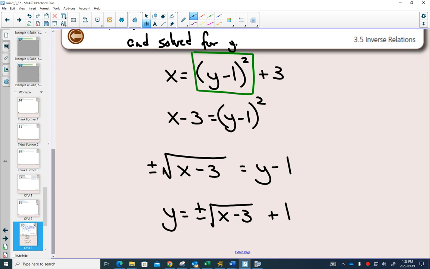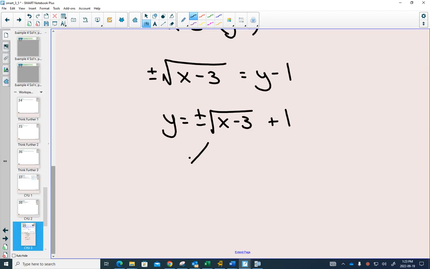Now, what this gives us is a square root graph.